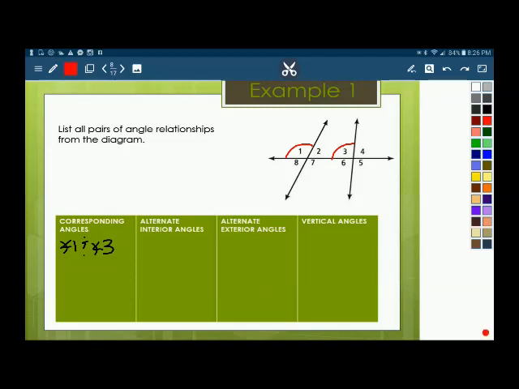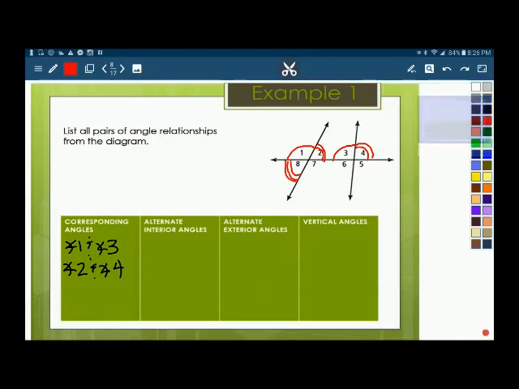I'm going to do the same thing, basically just all the way around. So angle 2 is in the upper right-hand corner, same with angle 4. So those two are corresponding to each other. Angle 2 and angle 4. See, angle 8 is in the lower left-hand corner, same with angle 6.